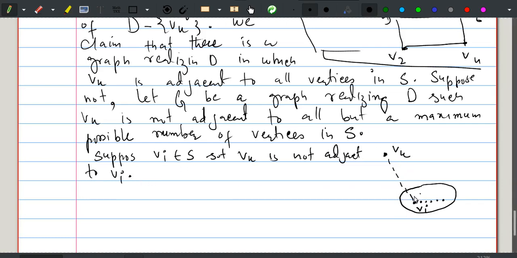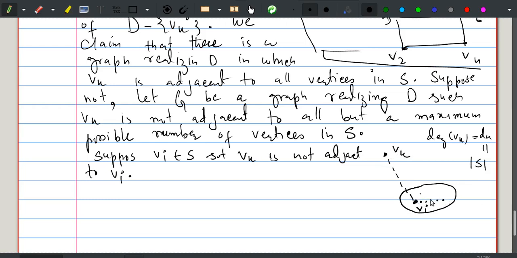Now note that the degree of Vk is dk, and dk is the same as the size of the set S. Here Vk is not adjacent to this vertex, and these are dk vertices.